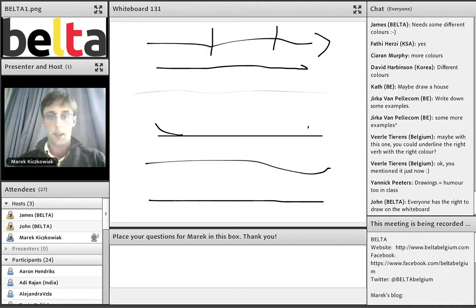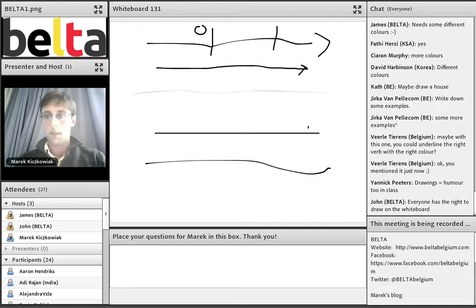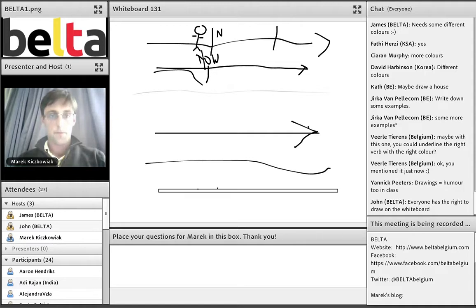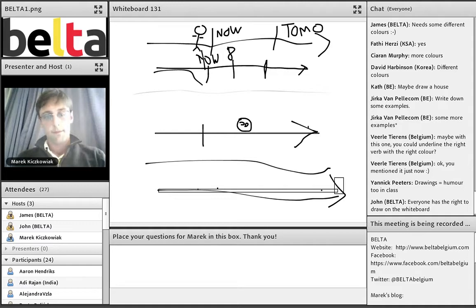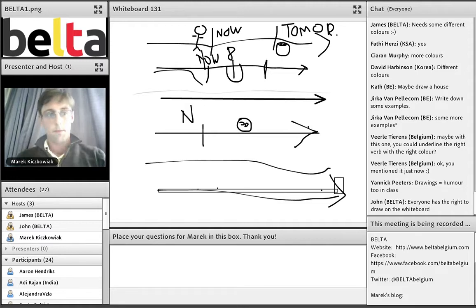Right, great. It's starting to get messy. I like it. Okay, we've got a picture of a little person. Right, I can see a couple of balls as well.